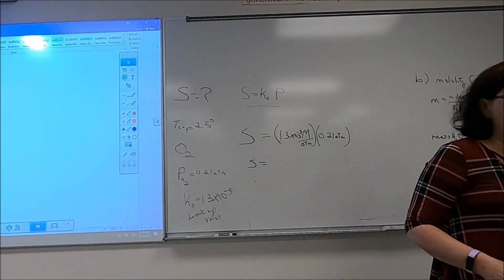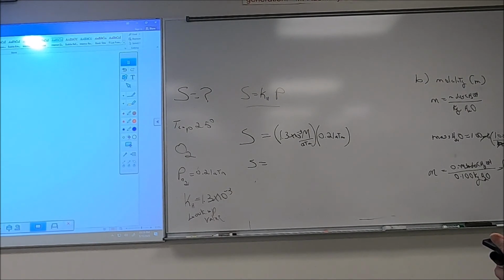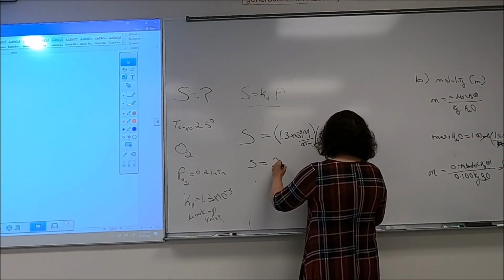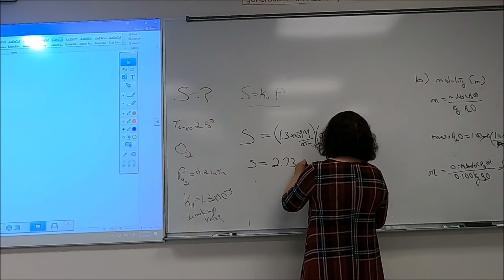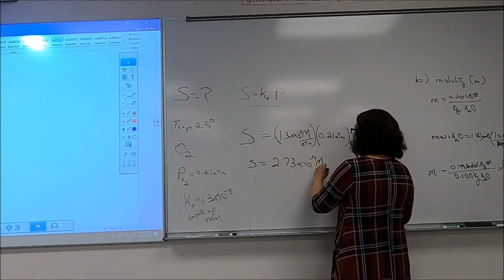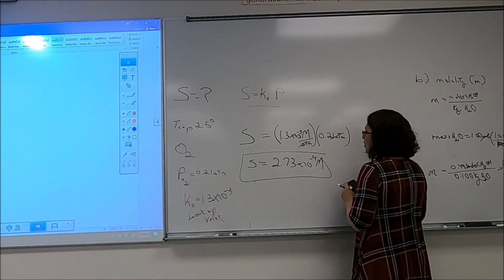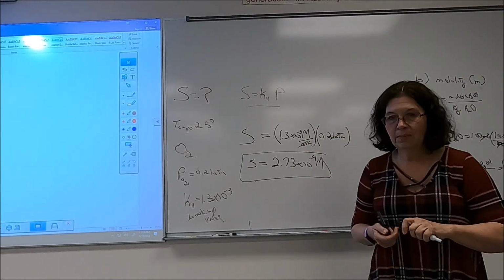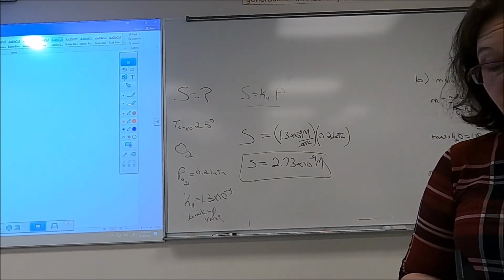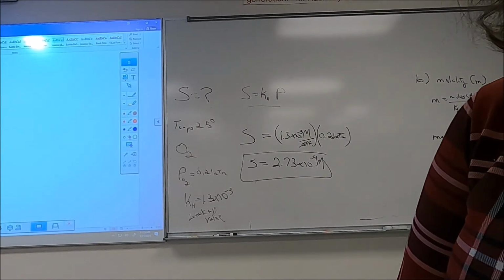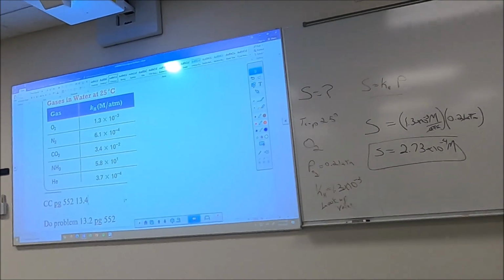So if I solve this, I have 0.21 times 1.3 times 10 to the minus 3. So the solubility is 2.73 times 10 to the minus 4 molar. Notice the atmospheres divide out. Okay, so there's a Henry's law problem. Those are hopefully what you consider to be easy.